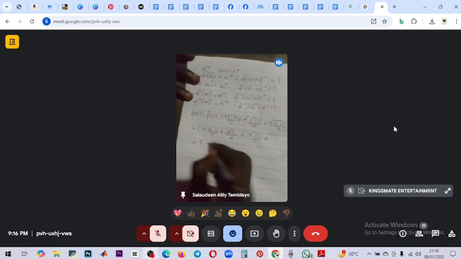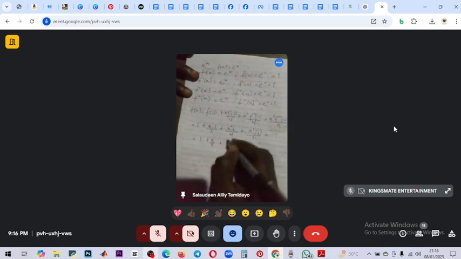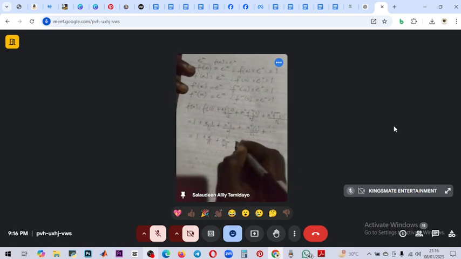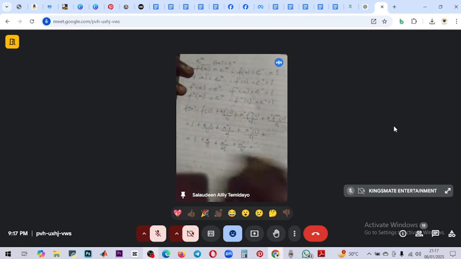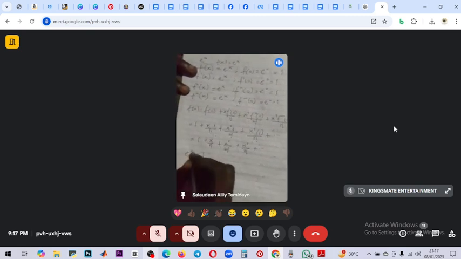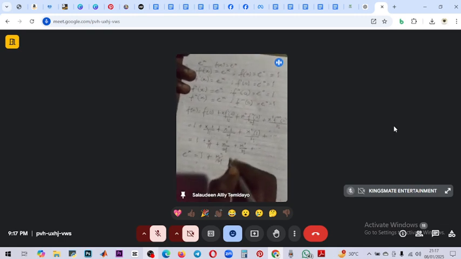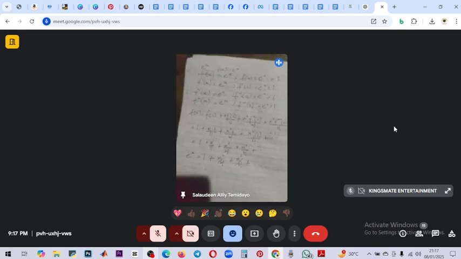So this is 1 plus x over 1 factorial plus x squared over 2 factorial plus x cubed over 3 factorial, to infinity. So e raised to power x is equal to 1 plus x plus x squared over 2 factorial plus x cubed over 3 factorial plus, to infinity.